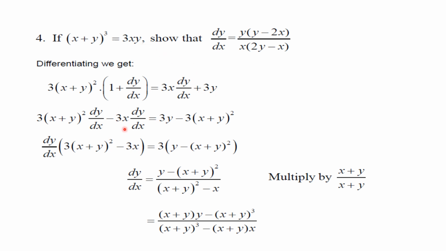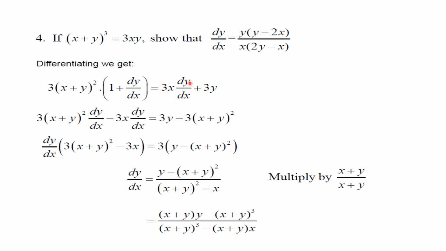So your next step will be to collect the dy dx terms together. You expand this first, 3x plus y squared times 1, you can bring it to the right. It becomes minus 3x plus y squared. And then 3x plus y squared times dy dx, you can leave it on the left.